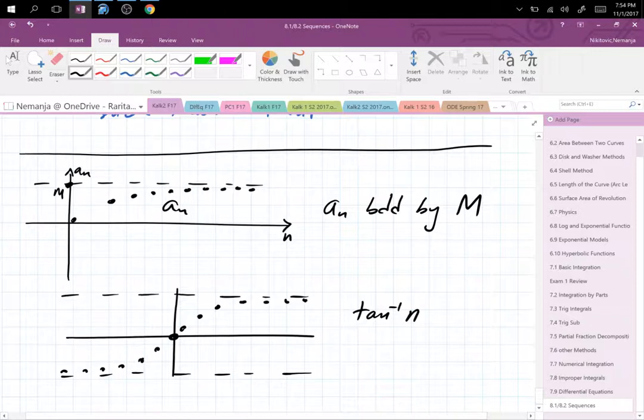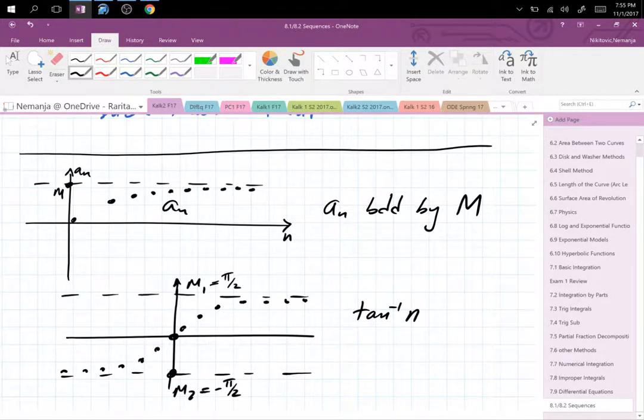But you see that there are M1 and M2 bounds. Negative pi over 2 on the bottom and pi over 2 on top. So now we know what the bounds are, right? Which are the asymptotes in this case. So that's about the bound.